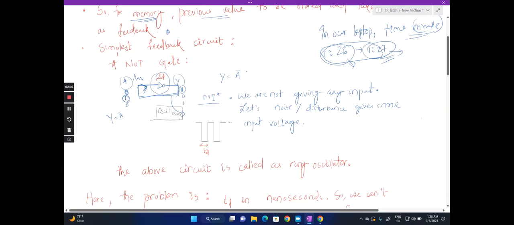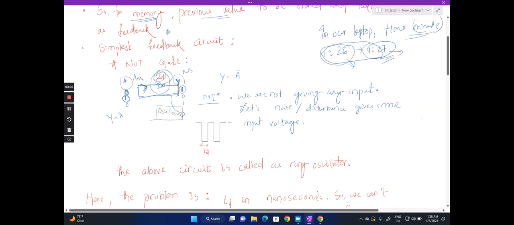This TD is the time delay, that is, after how much time Y appears in the circuit once we give input 0 to the NOT gate. TD is generally in nanoseconds.